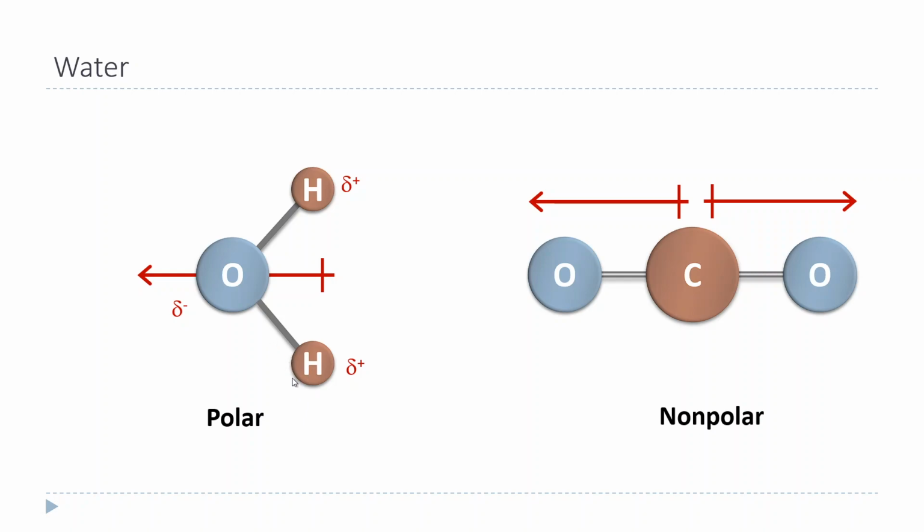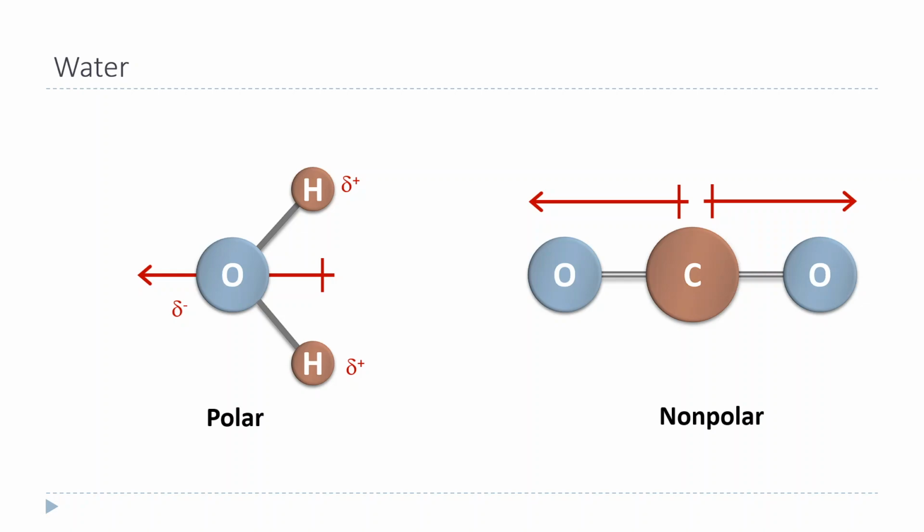But even though they share those electrons, the electrons prefer that oxygen atom, so they spend a little bit more time on this side of the molecule. So even though there's no net charge, the electrons in the molecule spend a little more time closer to the oxygen atom.